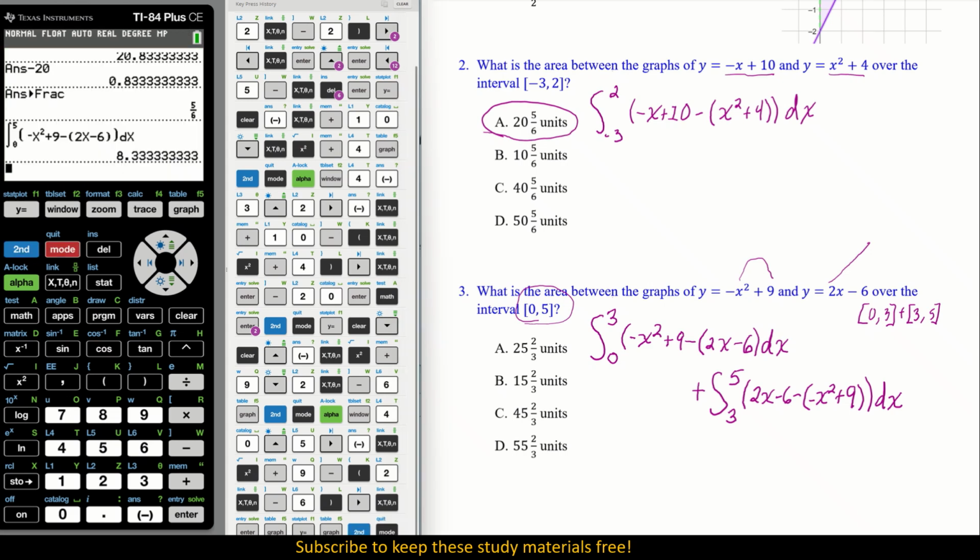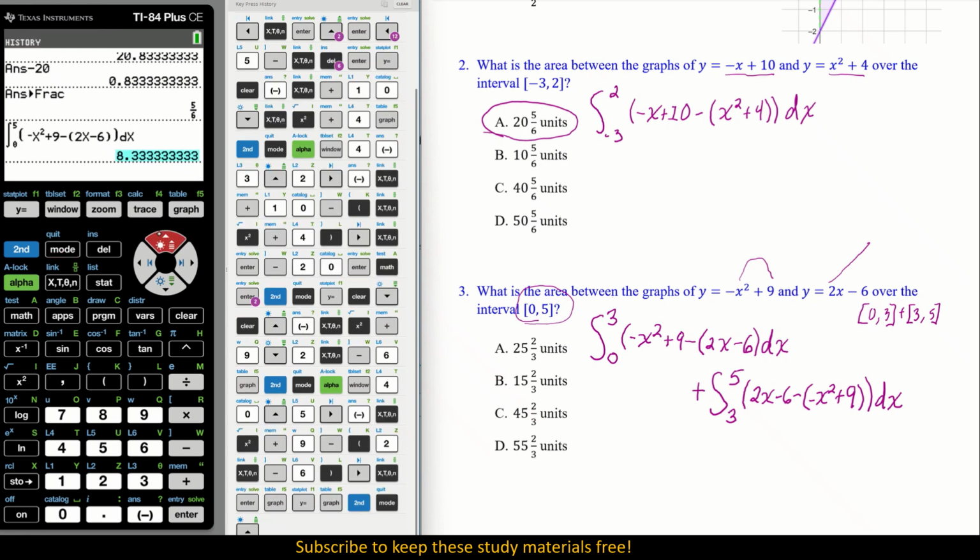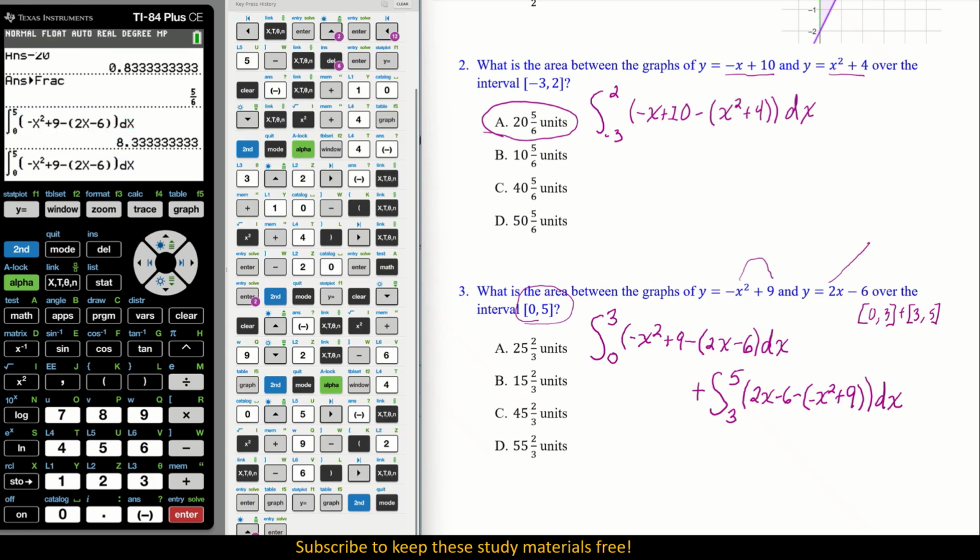Okay, so second mode. Okay, so actually, the first one wasn't too bad. We just need to go back over. See, I remember if you didn't see what I did, I went back up. I entered to grab it. It brings it back down for me. I put in my 3.